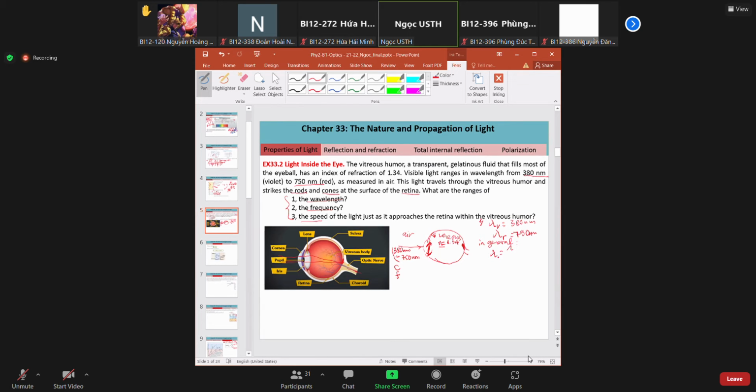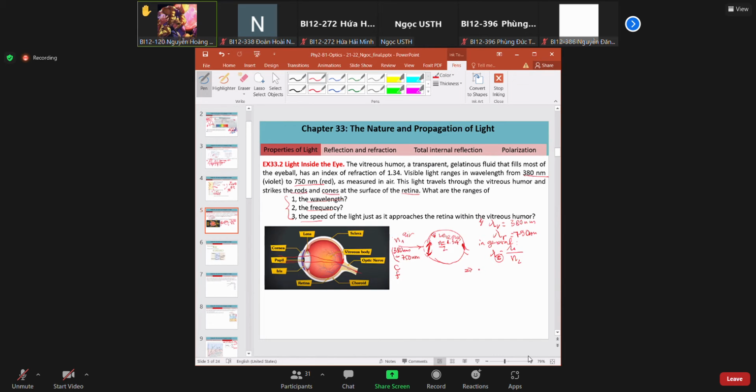Lambda is the first medium's wavelength, and here is the second medium: lambda of the first medium divided by n. The same applies here. Air will be n1, okay? 1 for the first, 2 for the second medium.